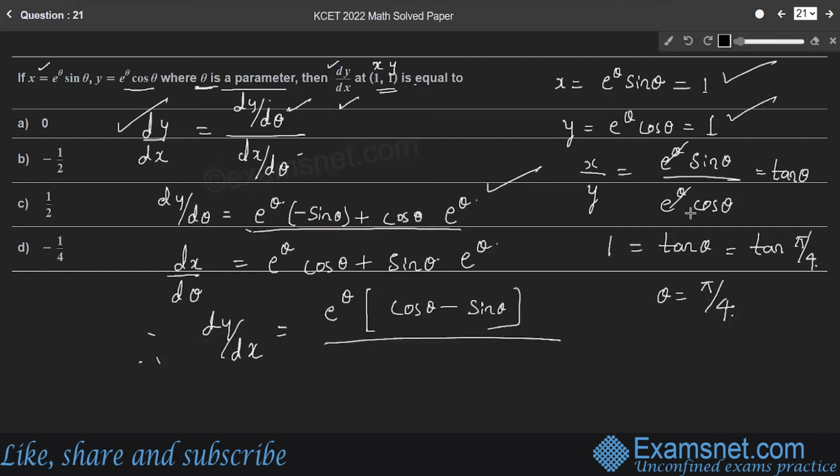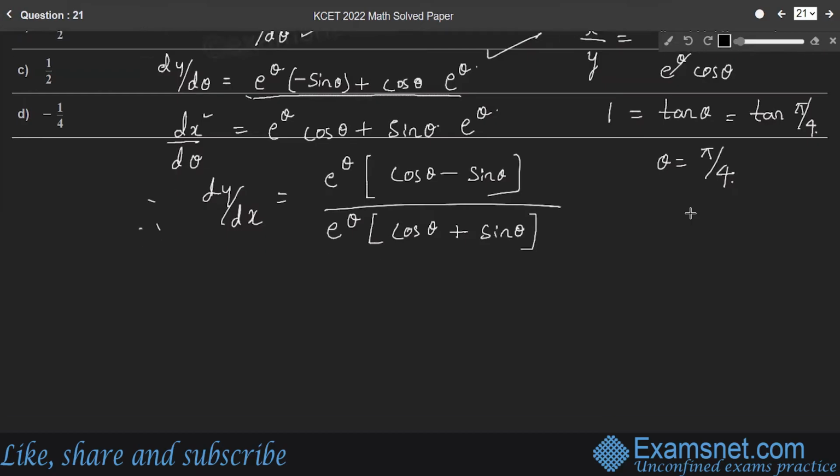divided by dx by d theta. In that, we'll take e raised to theta as common, and the remaining term is cos theta plus sin theta. Therefore, we have cos theta minus sin theta by cos theta plus sin theta, since we can cancel e raised to theta. So here the value of theta is pi by 4.